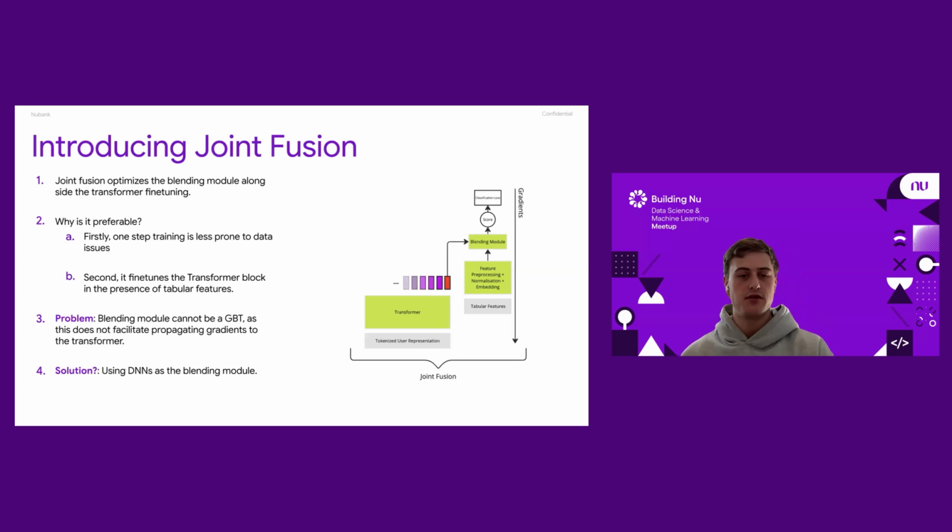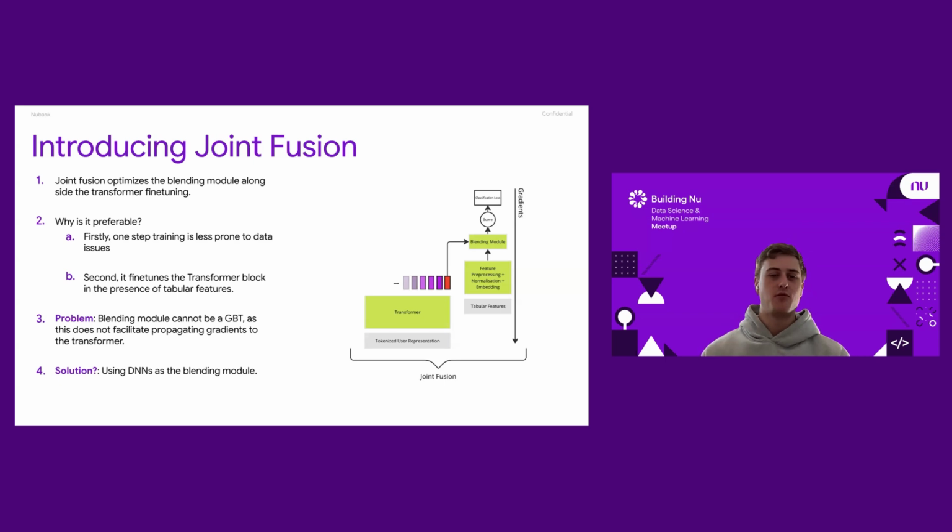When we do late fusion, we have to make sure the data we use for the fine-tuning step is disjoint from the data we use for the blending step, because you can have label leakage if you don't, and that can result in overfitting. The second advantage is what I already said, which is that we can learn signals from the transaction data which maybe aren't useful unless you have access to the tabular features.